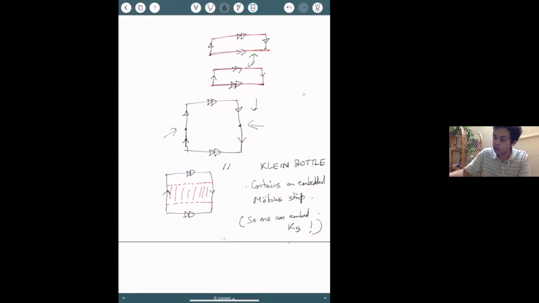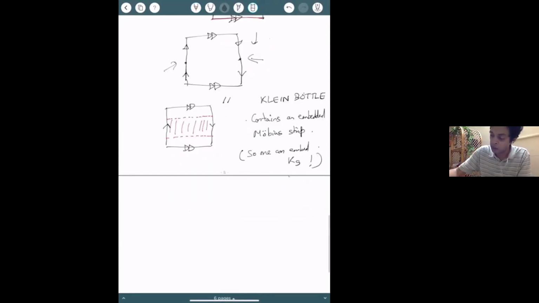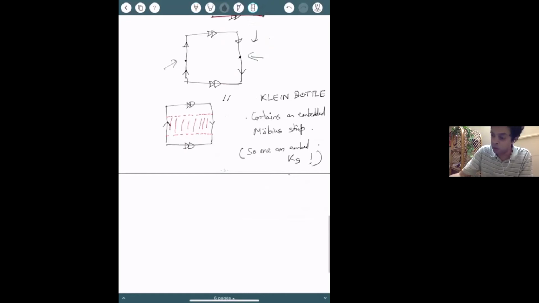Let me actually show you an animation which shows this construction. Remember that a torus, when you glue opposite sides straight, both in the same direction, the first gluing gives you a cylinder, right? Maybe this is behind this thing.